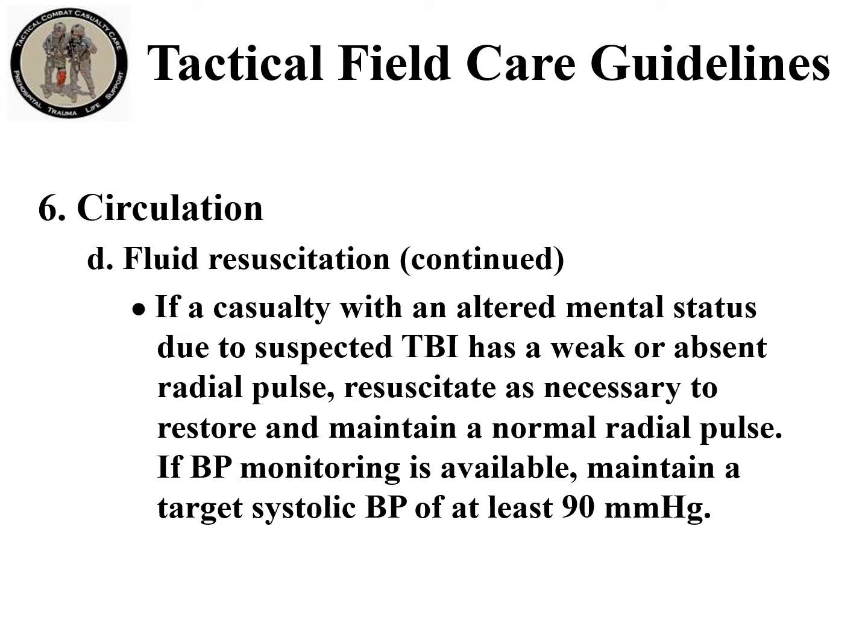If a casualty with an altered mental status due to suspected TBI has a weak or absent radial pulse, resuscitate as necessary to restore and maintain a normal radial pulse. If blood pressure monitoring is available, maintain a target systolic blood pressure of at least 90 millimeters.